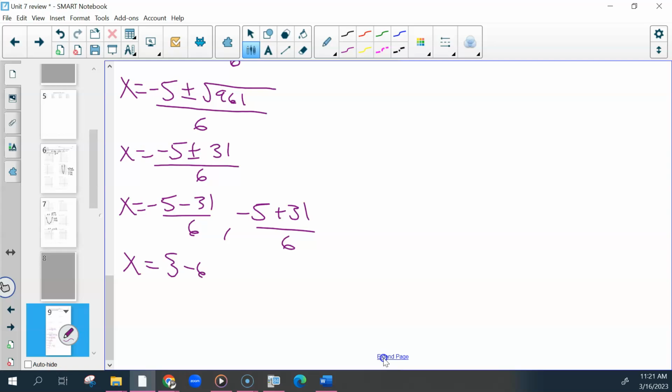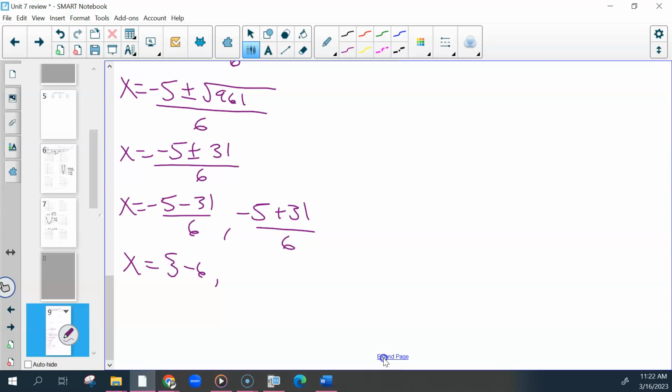And then if you add these and divide, what do you get? Can you put it all in at the same time?